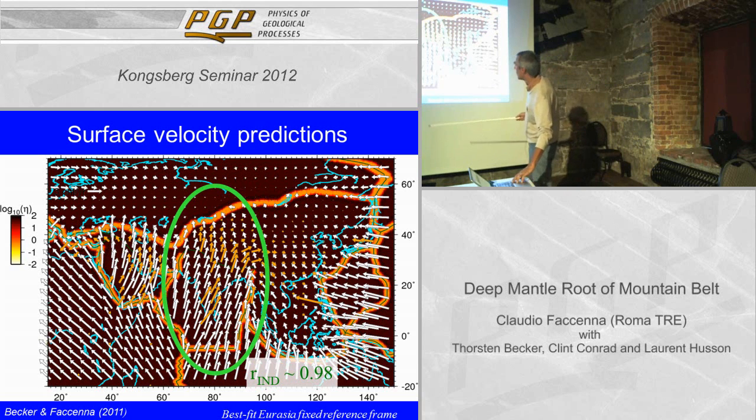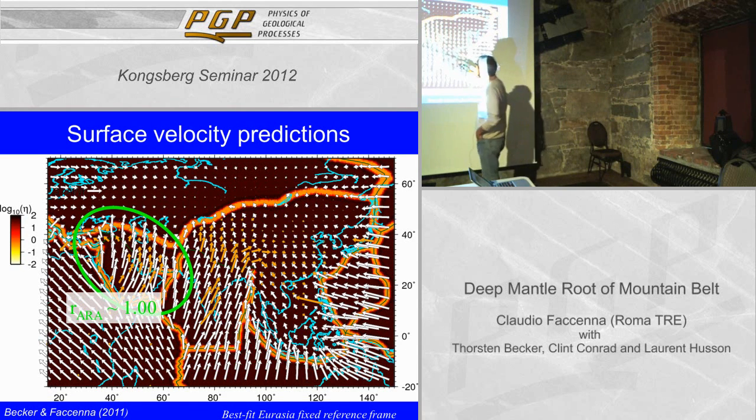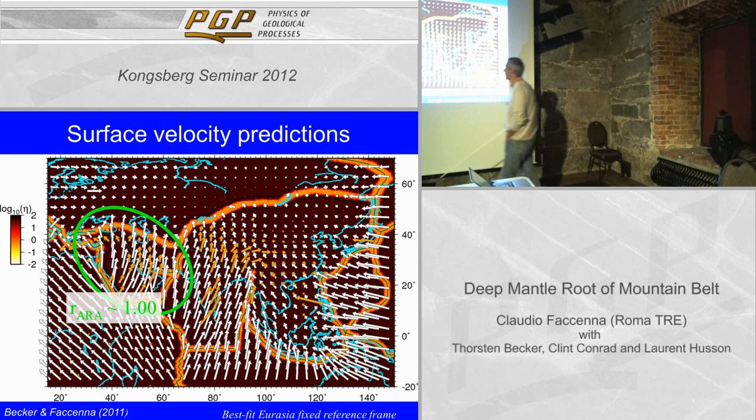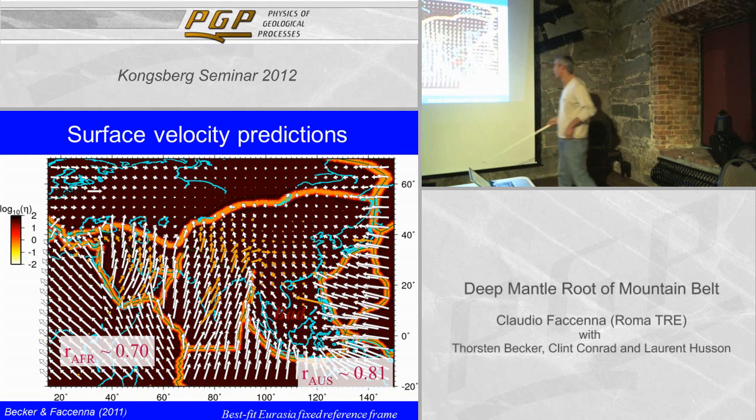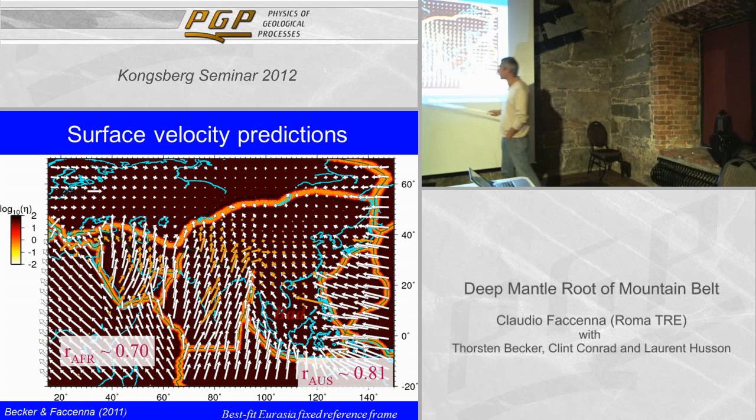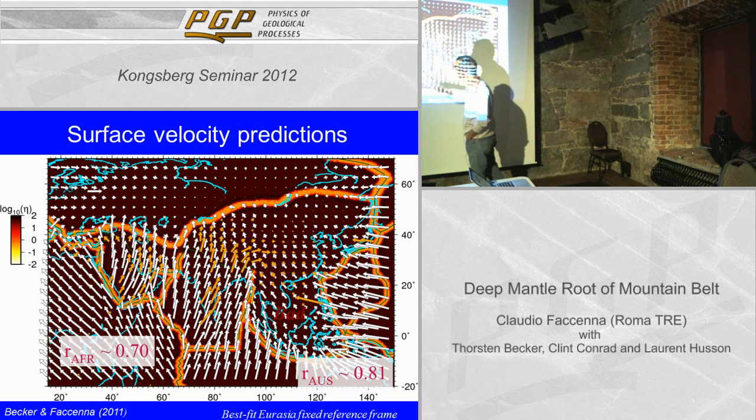Arabia is also doing well, although it's over-predicting the velocity here. We also ran some models where we get a better solution. So we get a very good regression here. Again, a very bad solution is for Australia and for Africa. And Africa, for instance, is going in this direction.